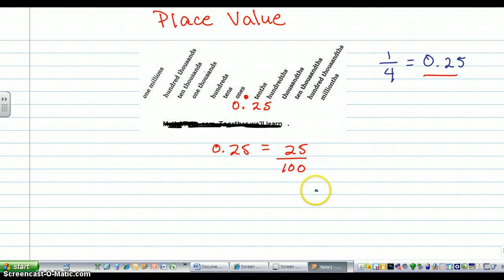We say to ourselves, what number can I divide into both of these? And the answer is I can divide them both by 25. Think of it as quarters. So 25 divided by 25 is 1. And 100 divided by 25, think about how many quarters are there in a dollar, and I get 1/4. So 25 hundredths is the same as 1/4.